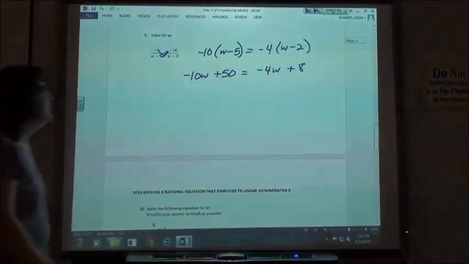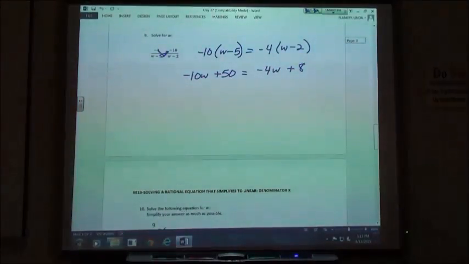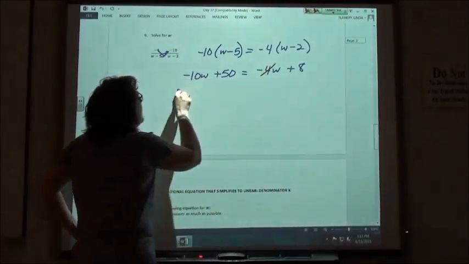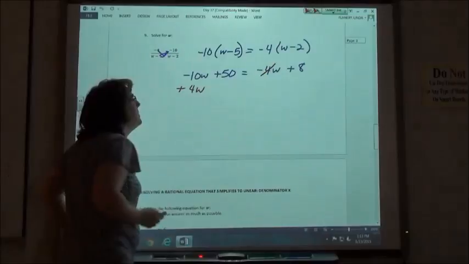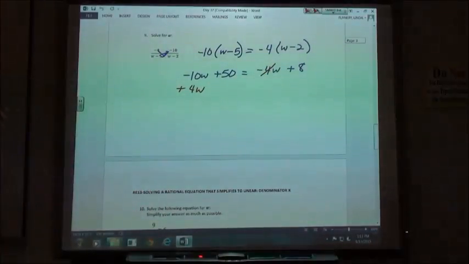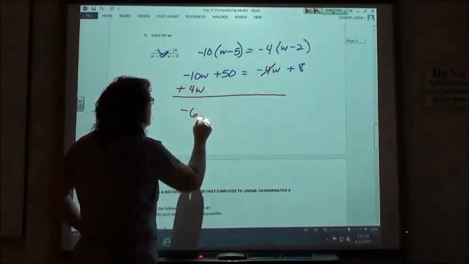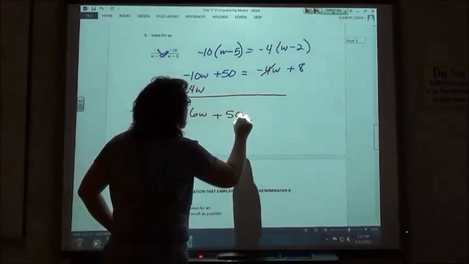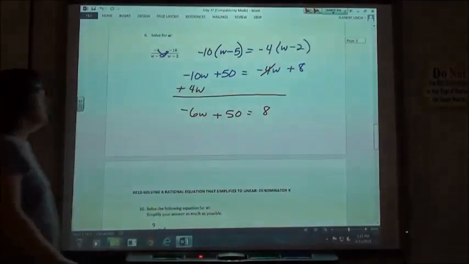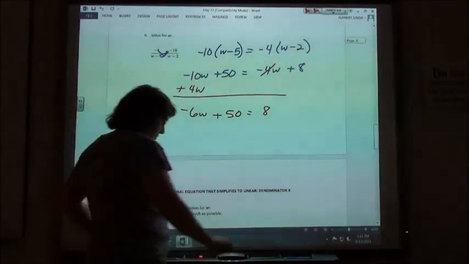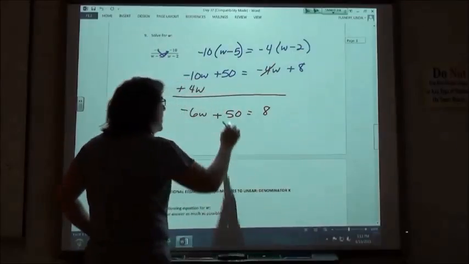Exactly. And then add the 4w to negative 10w, and that is negative 6w plus 50 equals 8. Then minus the 50.